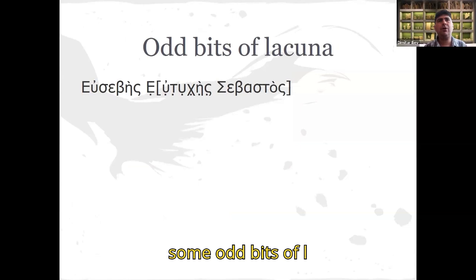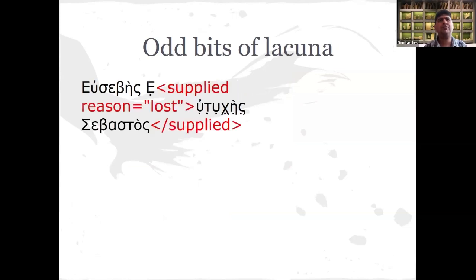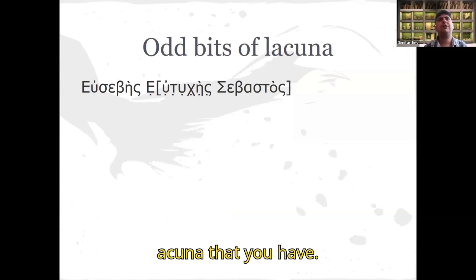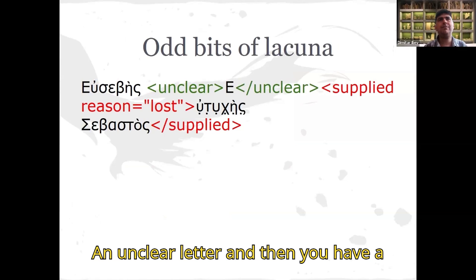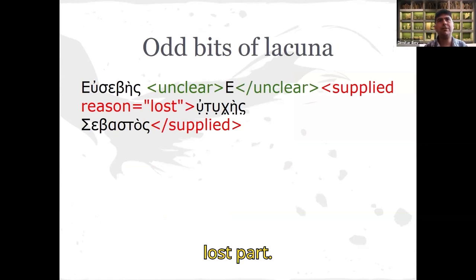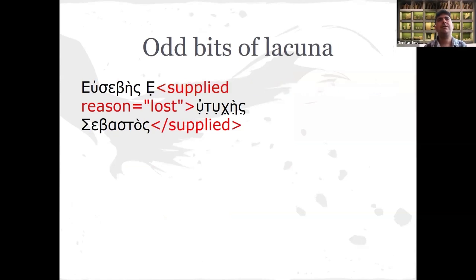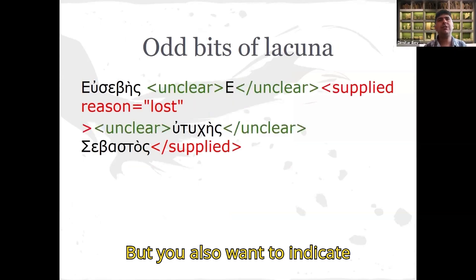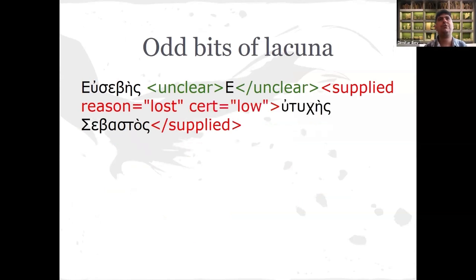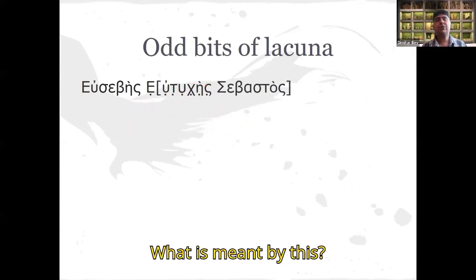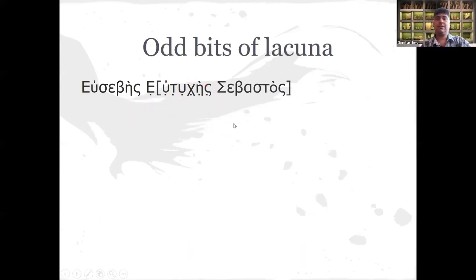There are some odd bits of lacuna where you have an unclear letter, and then you have a lost part. But you want also to indicate this. This is not the proper way to do it. What is meant by this?